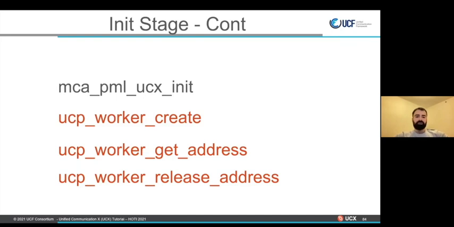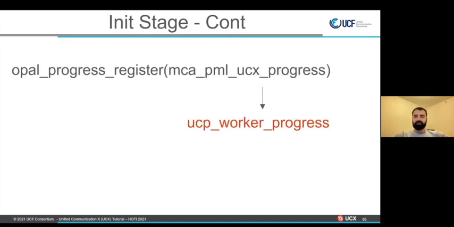After we create the worker, we want to get its address and distribute it to all of the other ranks. So we call the ucp_worker_get_address API, and then we publish it on the modex. Depending on how we configure OpenMPI, we can either pull the address to the other ranks immediately, or it would be done on demand. And then we call the function to release this address. Next.